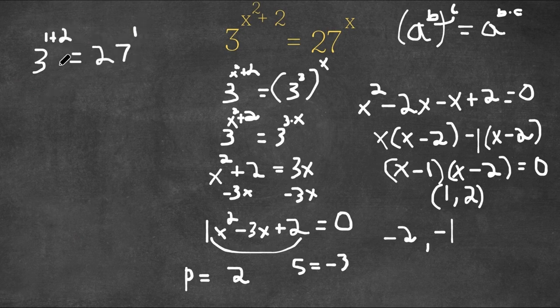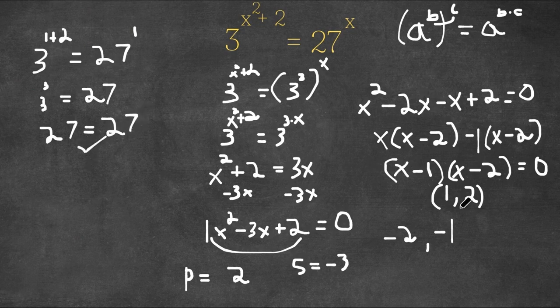Now 1 plus 2 is 3, so we have 3 to the power of 3 equals 27, because 27 to the power of 1 is 27, and 3 to the power of 3 is 27. So we have 27 equals 27. So this is right. So we know that 1 is right.